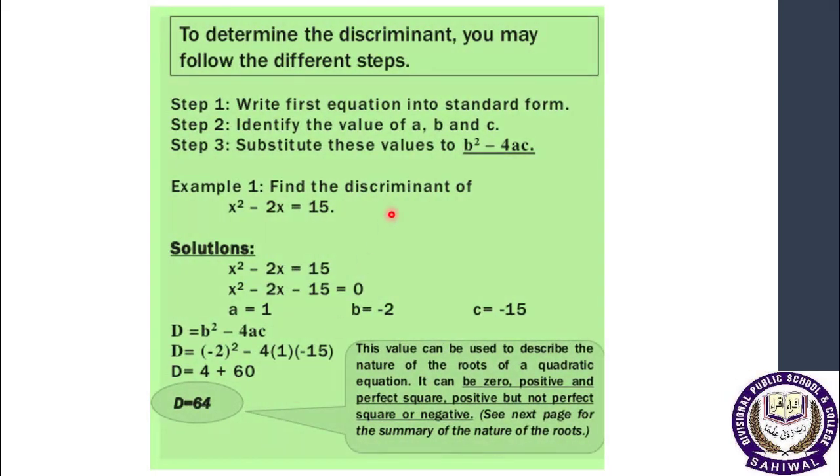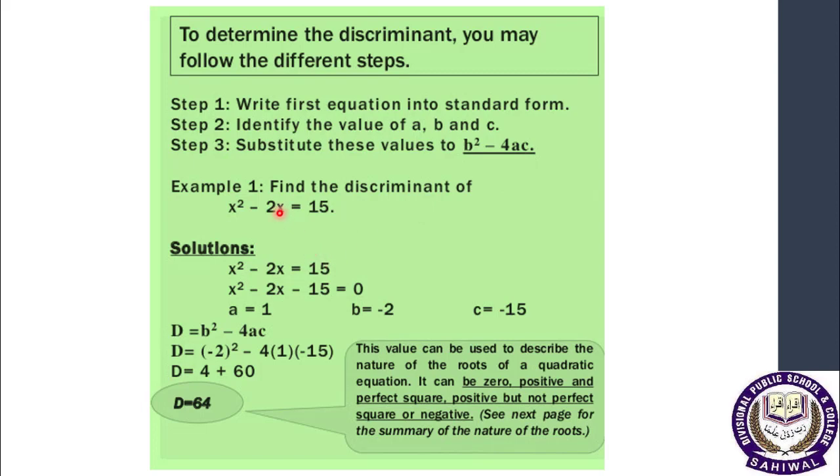To determine the discriminant, we have to follow three different steps. First, we write the quadratic equation in standard form. Second, we identify the values of a, b and c. Then, at the third step, we substitute these values into b square minus 4ac.